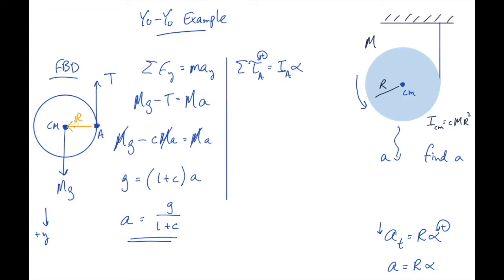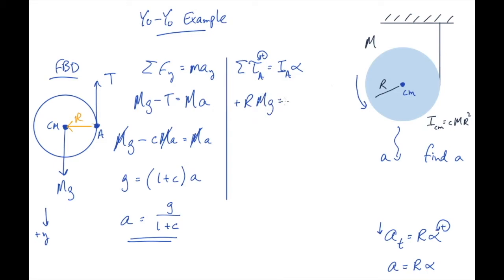So your right-hand fingers go this way, they curl down towards the force, which is the weight, and your right-hand thumb points out towards you, with your right-hand fingers curling this way in the positive direction. So that torque is positive, and it has a magnitude equal to the moment arm times the force.